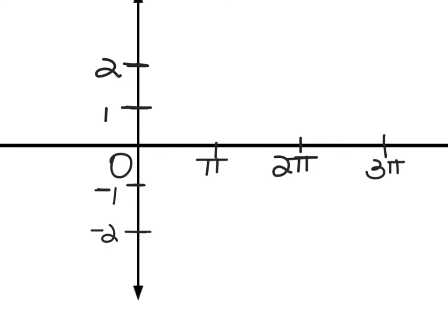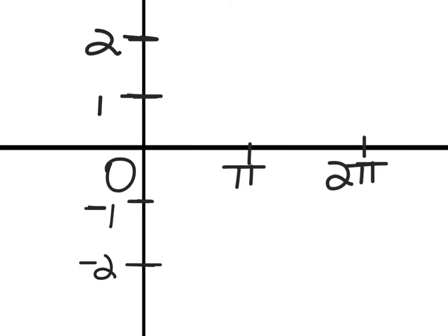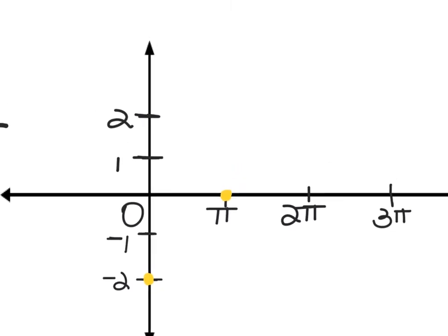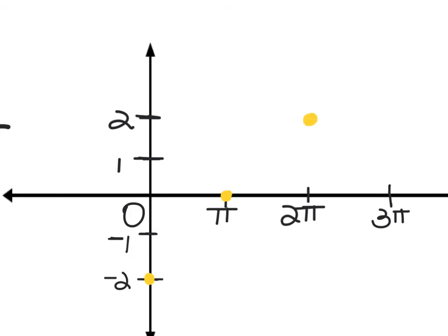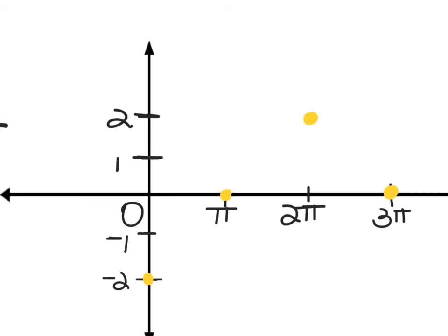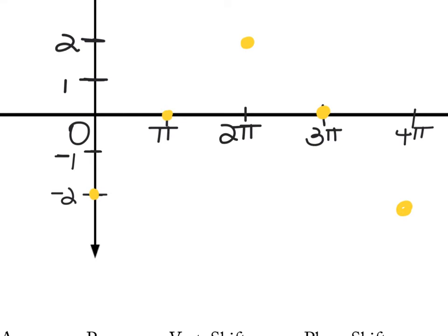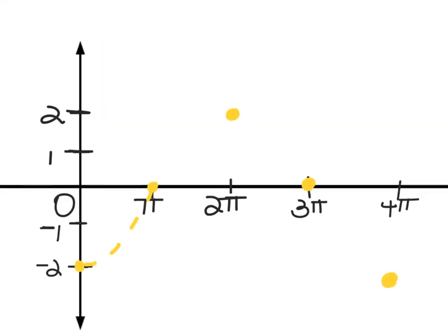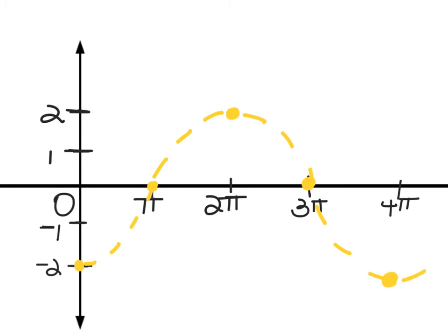So now we are going to go ahead and graph the cosine function. So we have 0, -2. Pi is at 0. Then we go up to 2, back to 0, back down to -2. And we are going to make it dotted, because this is not the actual graph. So the dashed. Now wherever there's zeros, that's where the asymptotes go.